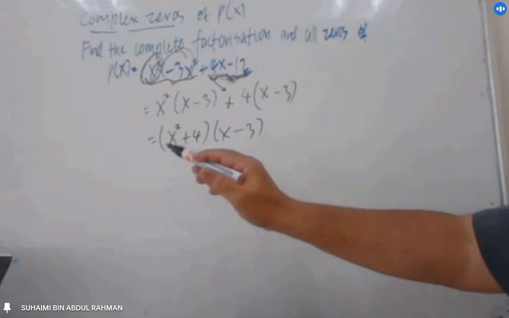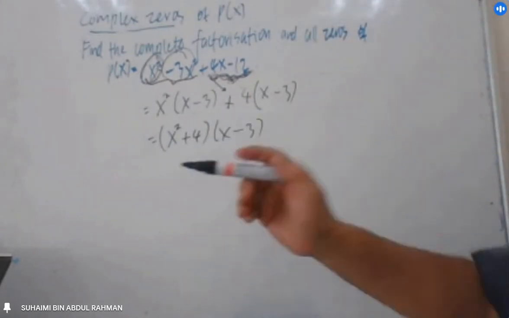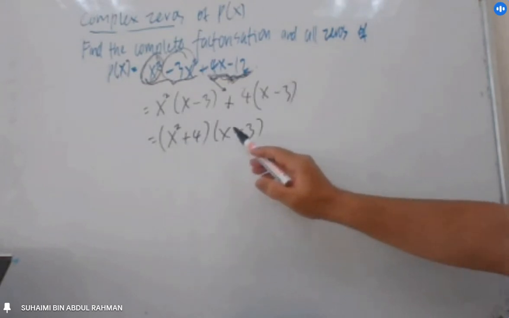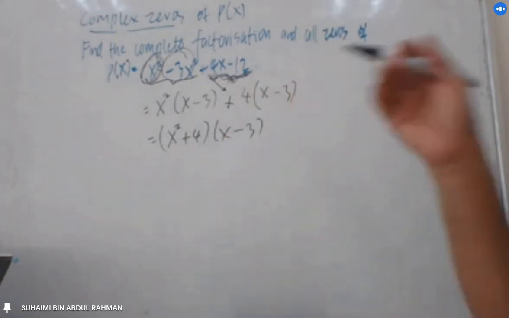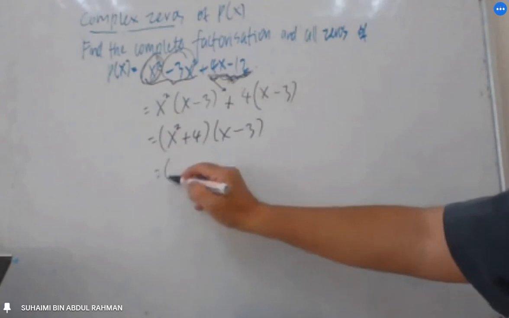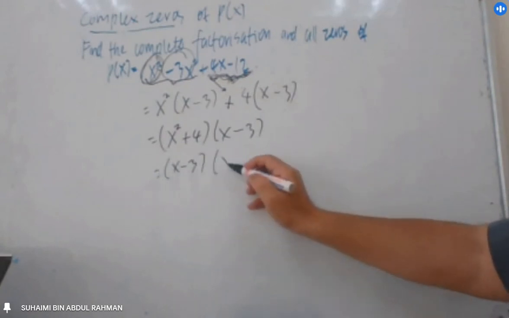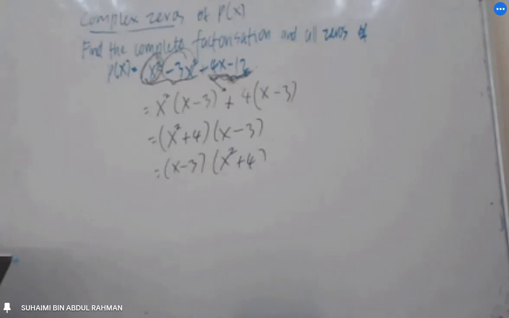But I want to know why you get it, because one of the answers you gave me was x squared plus 4 times x minus 3. Yes, correct, but how do you get that? This is the way you get it. Or we can write x minus 3 times x squared plus 4. Or we can have it like that.